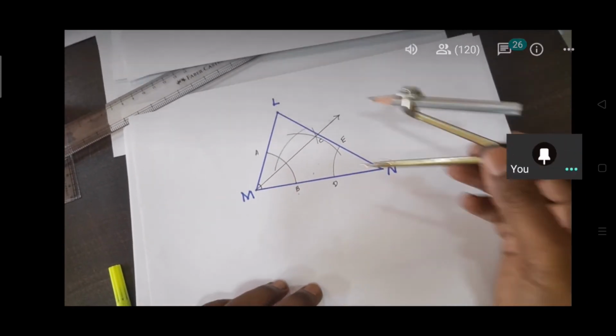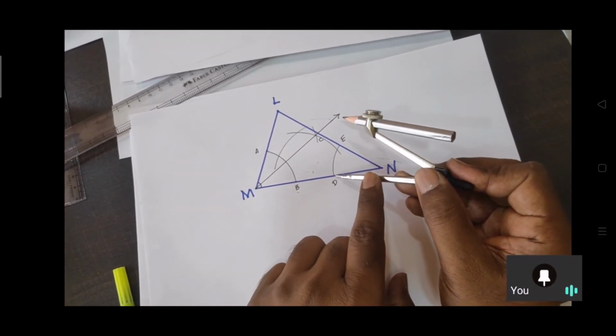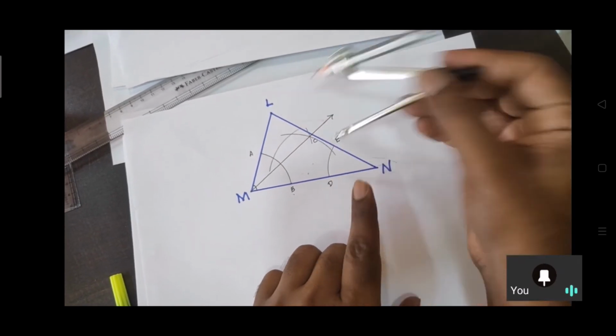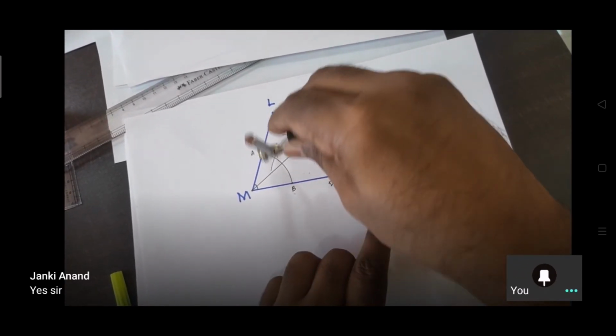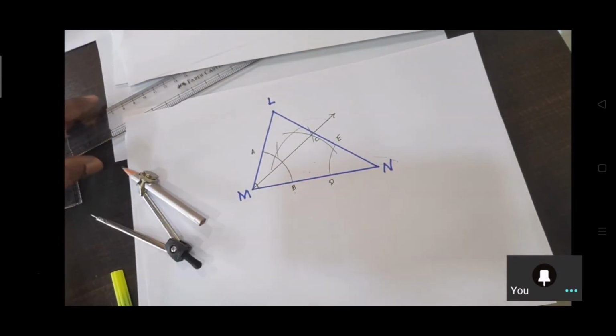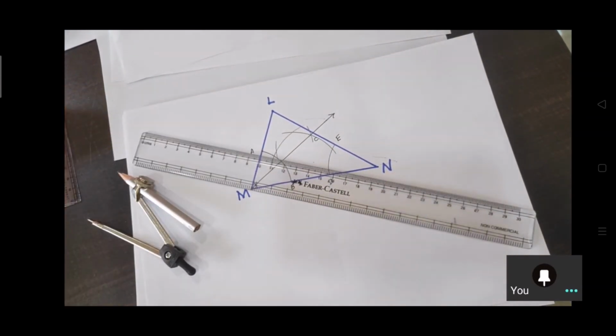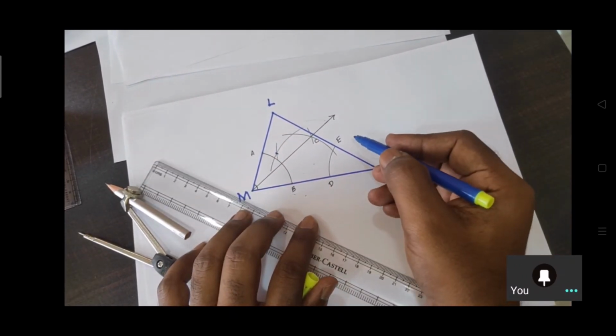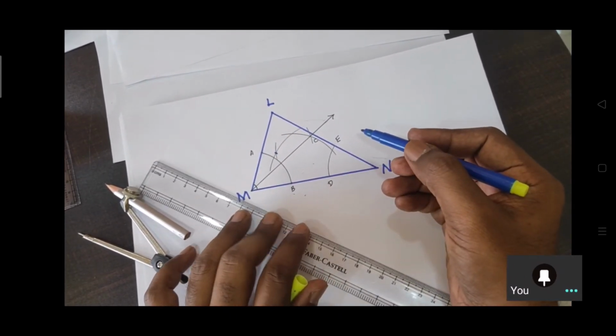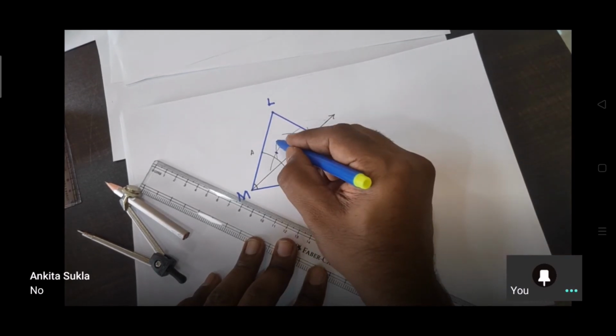Now is it coming? Okay, from point D, draw another arc, and from E, cut this arc, and here one point of intersection you will get.